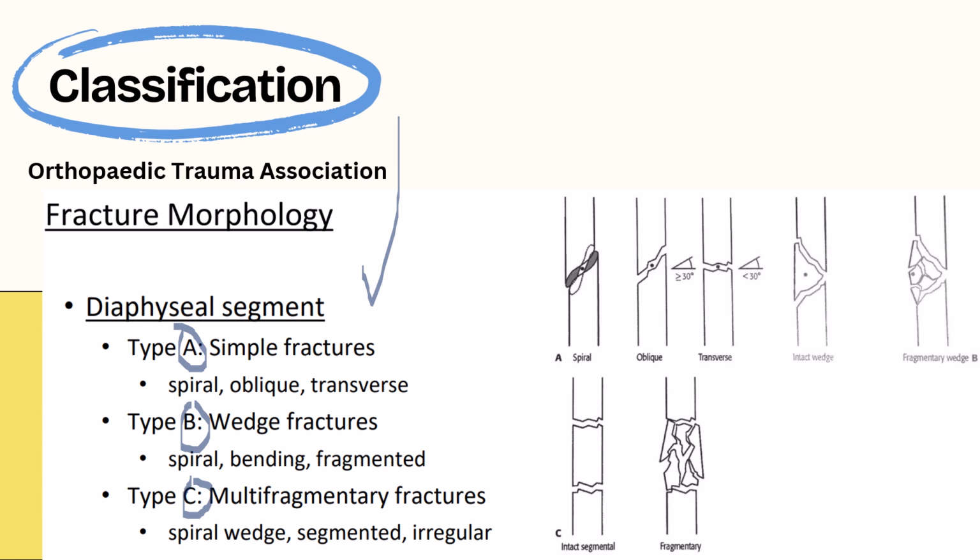Type B is wedge fracture: spiral, bending, and fragmented. And the last, type C, multifragmentary fracture: spiral wedge, segmented, and irregular.